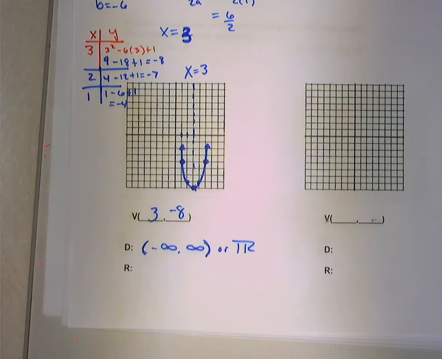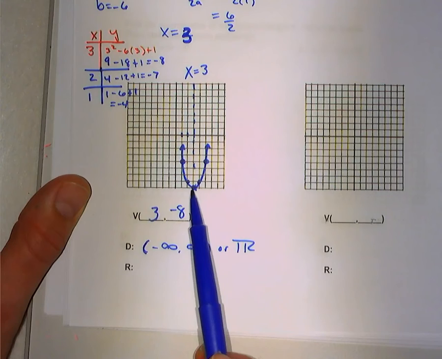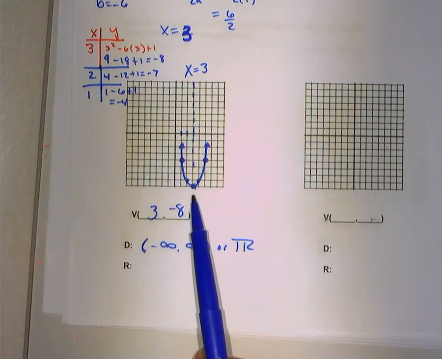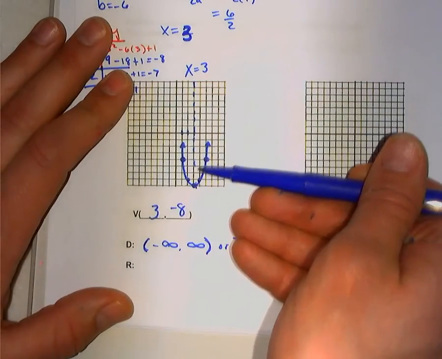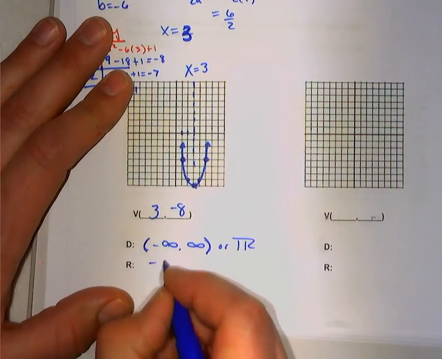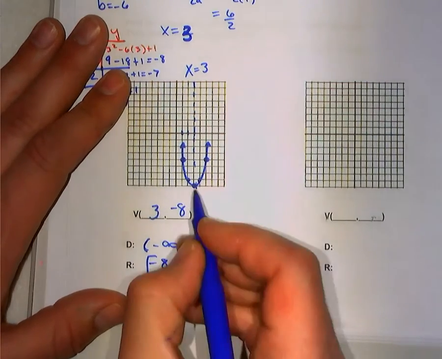Okay. Now, when we look at range, we look to see how low it goes. Does it go down low, down to the floor? Yeah, it starts at -8, doesn't it? So bottoms up, it starts at -8, and that, Damien, is a bracket. That is a part of the graph.